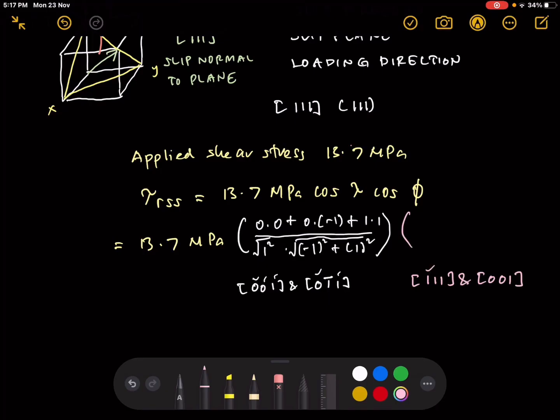So 1 times 0 plus 1 times 0 plus 1 times 1, divided by the square root of 1 squared plus 1 squared plus 1 squared, times the square root of 1 squared, since we only have a 1 here.